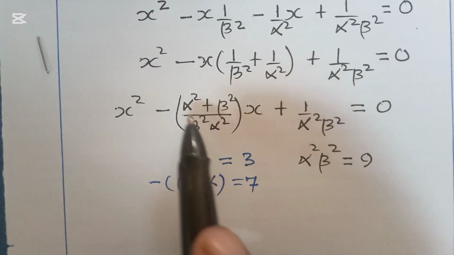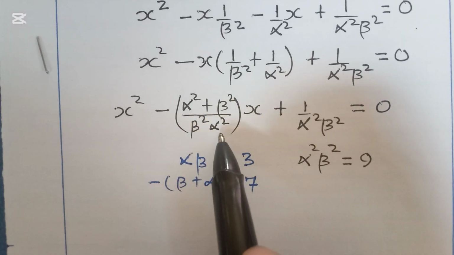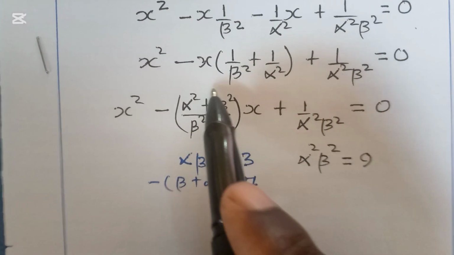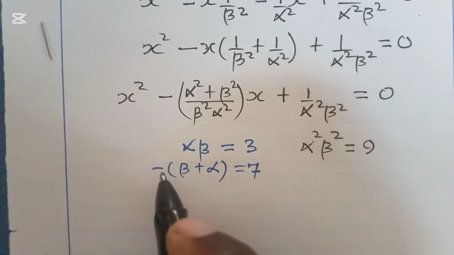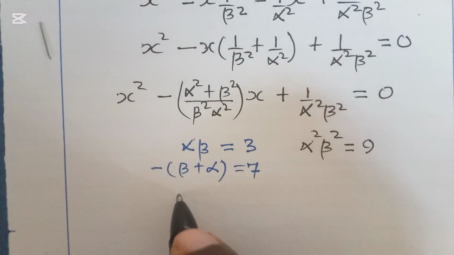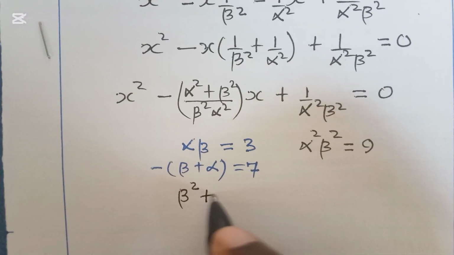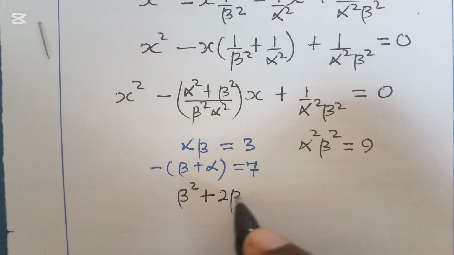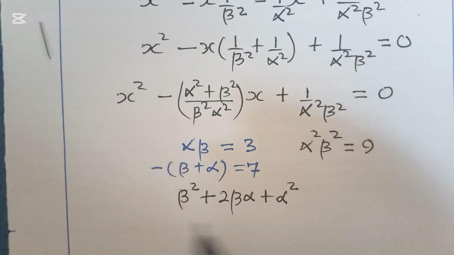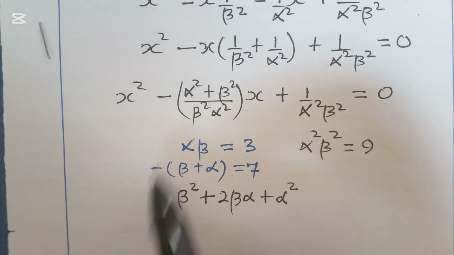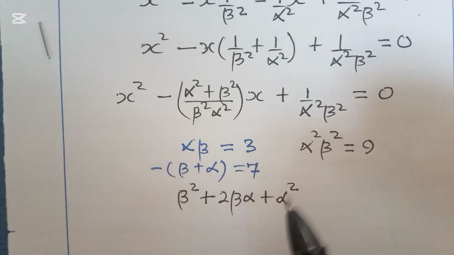Guys, we also have this here. First of all, we have this, the denominator, which equals 9. But now guys, we have also this. So let's find out how we can get that. We can get that by squaring this. If we square this, we are going to get beta squared plus 2 beta alpha plus alpha squared, because the negative will finish, and this one you can expand, and this is what you get.